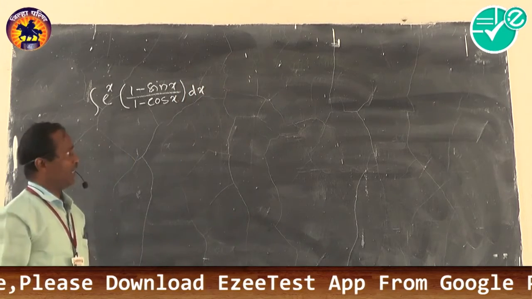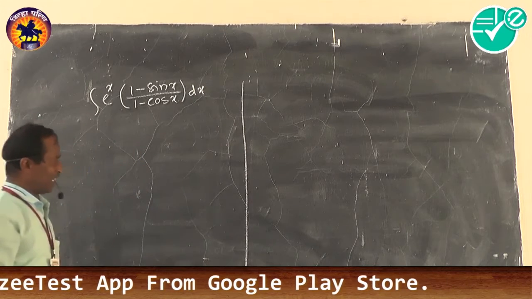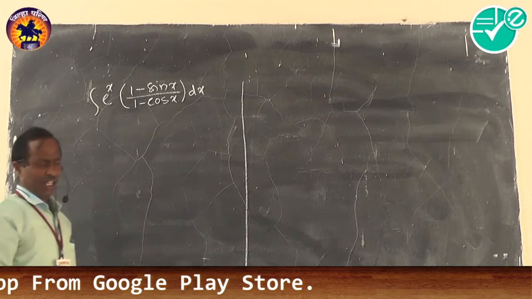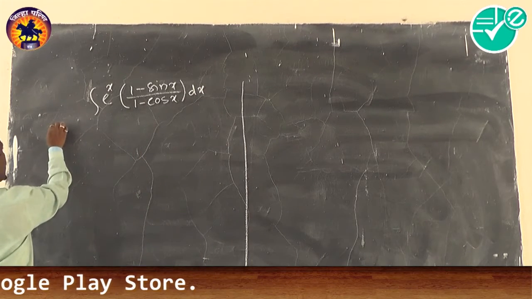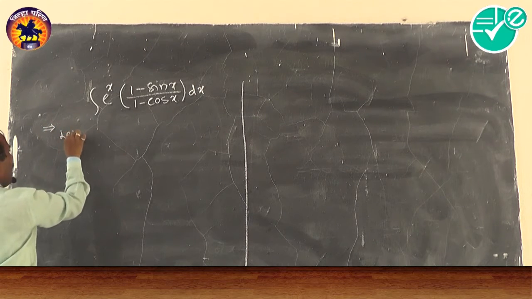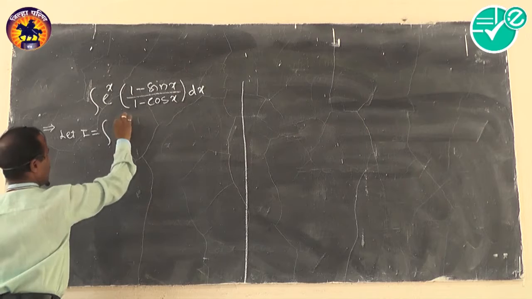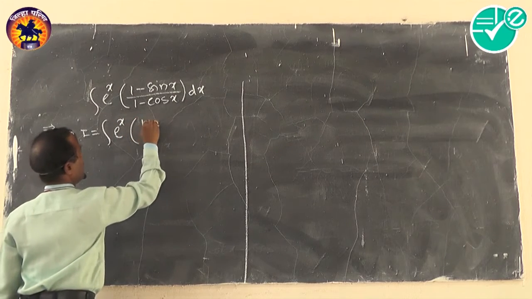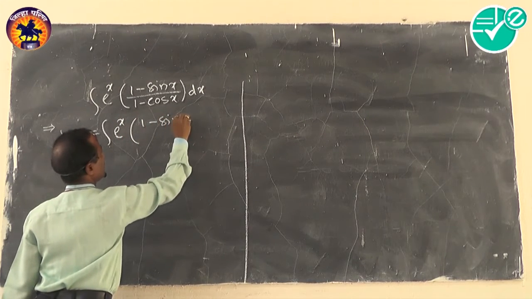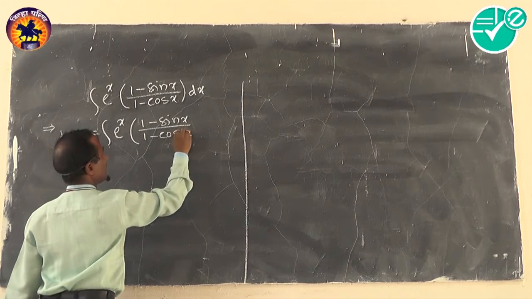Now we want to find the integration of this function. We want to evaluate this function. So how we can evaluate this function? Let I is equal to the given function, e raised to x into (1 minus sin x) divide by (1 minus cos x) dx.